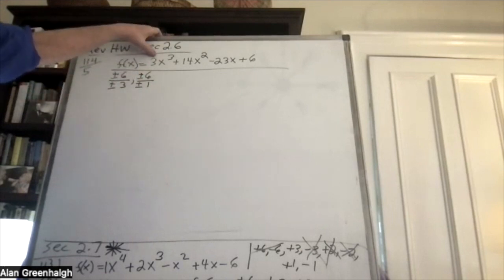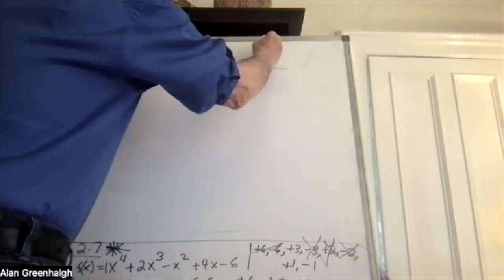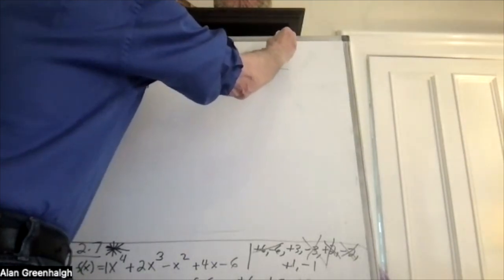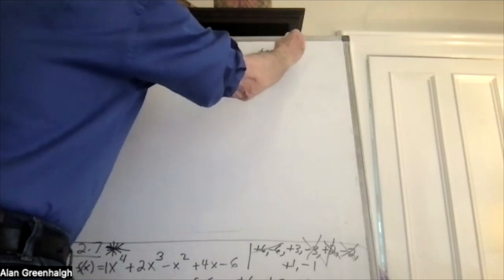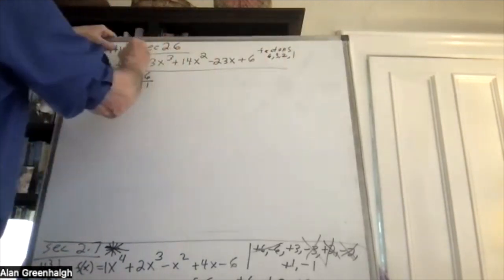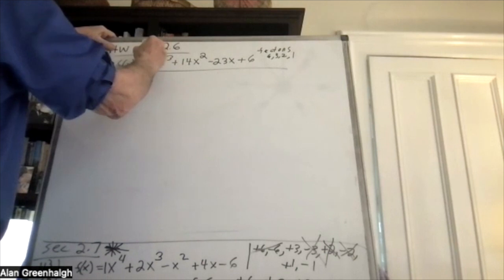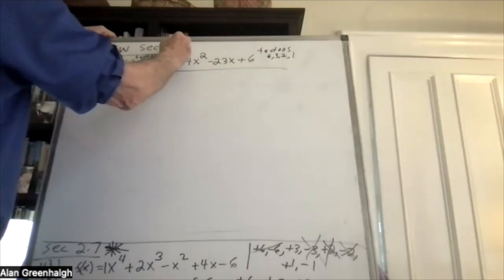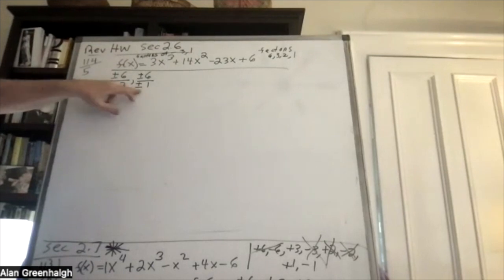That's what makes this a little more challenging. The factors of 6 are 6, 3, 2, and 1. The factors of 3 are just 3 and 1. So you have to take into account that denominator.